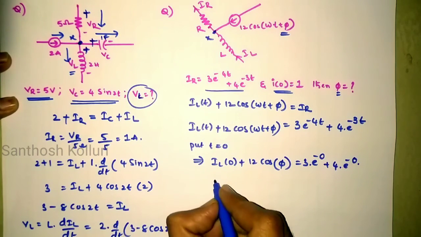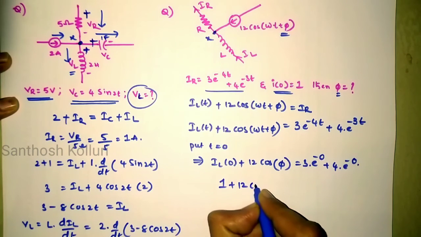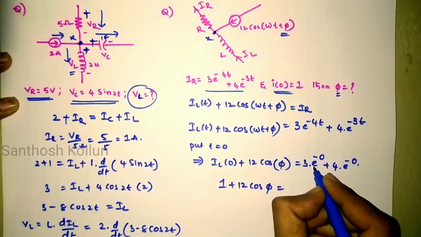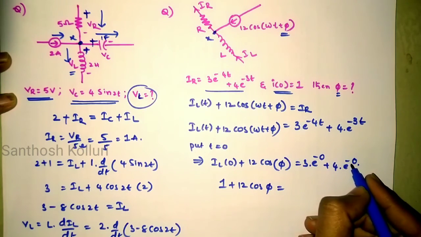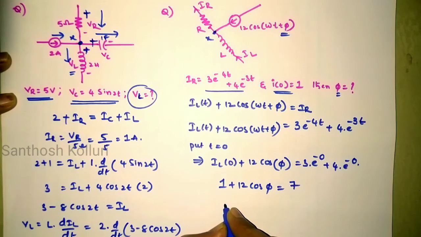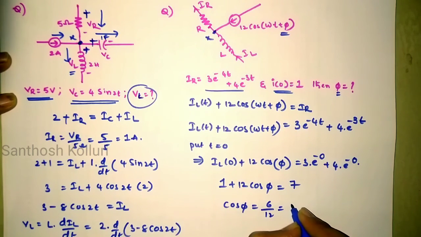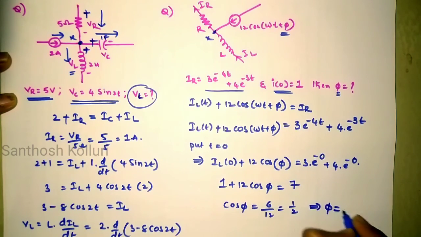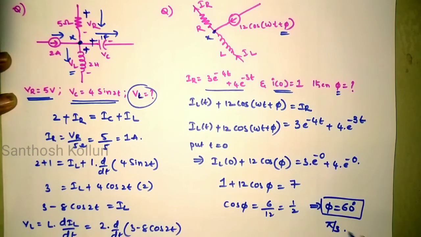From this, IL of 0 can be written as 1 plus 12 cos phi is equal to 3 into e power of minus 0, which is nothing but 1, and 4 into e power of minus 0 is equal to 1. 4 plus 3 is equal to 7. From this, cos phi can be written as 7 minus 1, 6, divided by 12, which is equal to 1 by 2. Therefore the value of phi is equal to 60 degrees or pi by 3 radians.